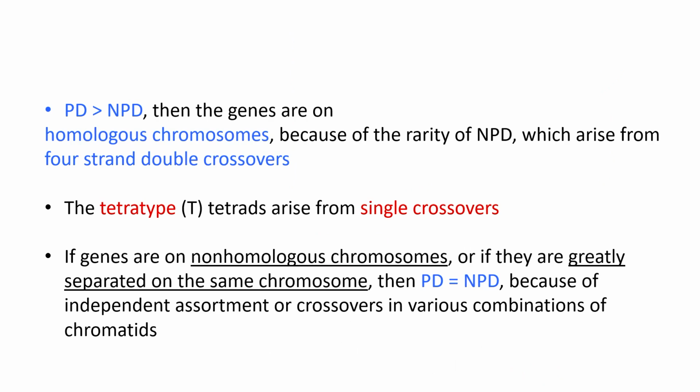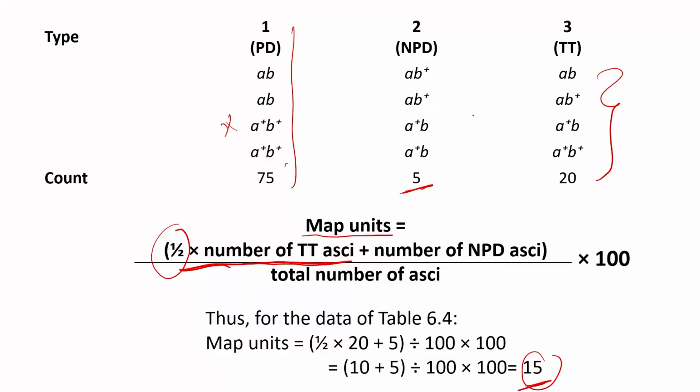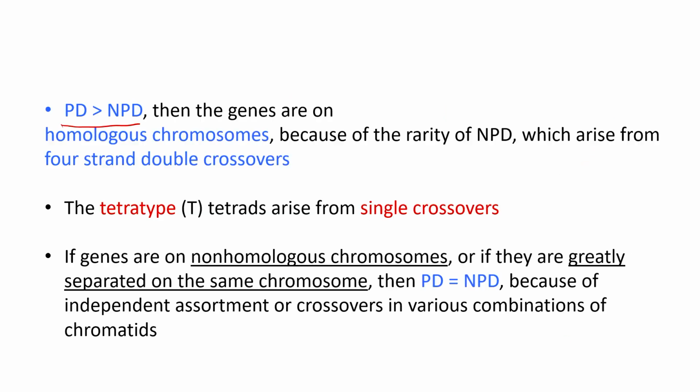Now, come to the understanding about the parental ditype and non-parental ditype. So, see, parental ditypes are more compared to the non-parental. Non-parentals are what? Non-parentals are recombinants. In the non-parental class, we see the recombinants. If we do not have the recombinants, then it clearly indicates that the genes are highly linked, right.